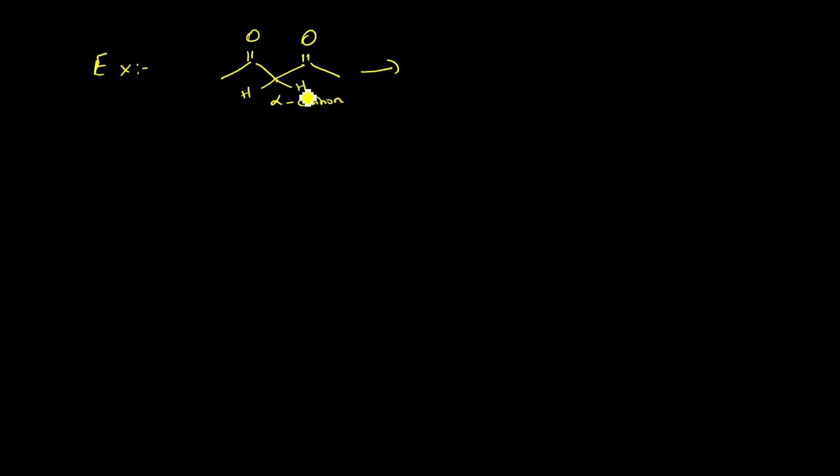These are much more acidic than normal carbons because of these carbonyl groups. So what happens is it can form enolate ions, right? So now at this particular carbon atom there is enough electron density, or nucleophilicity. So what happens is now you can react it with our SAM.